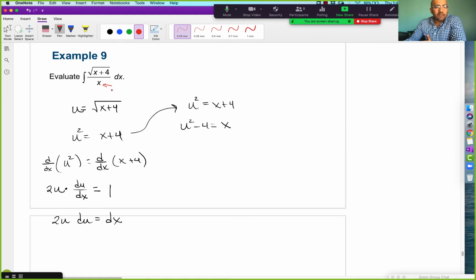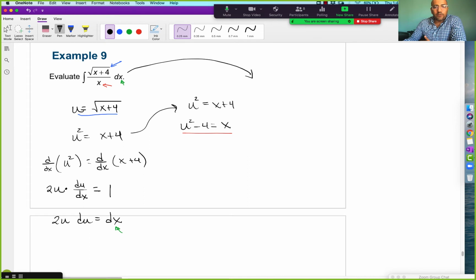I figured out that the x is right here, the original u is this thing, and finally the dx is this thing. When you do a substitution, you have to go piece by piece and make sure everything can be substituted, not just the main part of it.